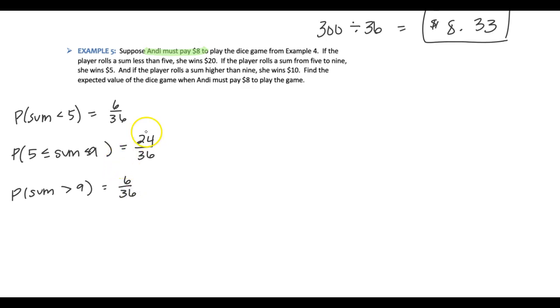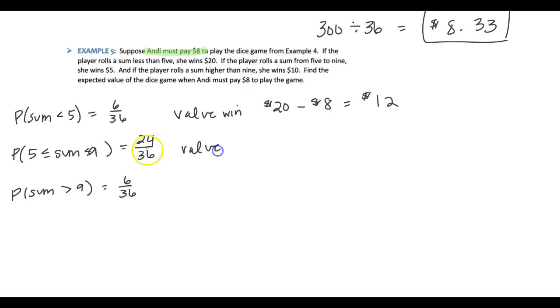What's changing is the value. The value of a win when rolling a sum less than 5 was $20, but if Andy has to pay 8, then how much she actually gets to take home would be 12.